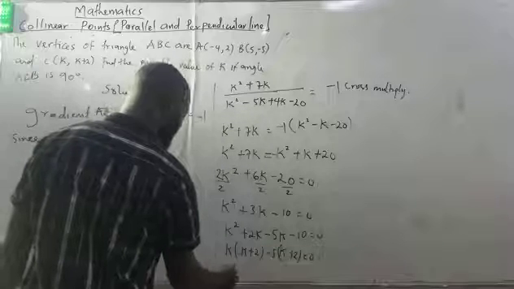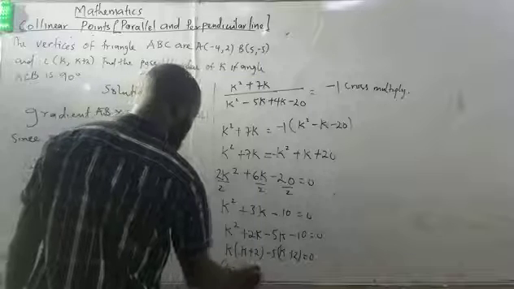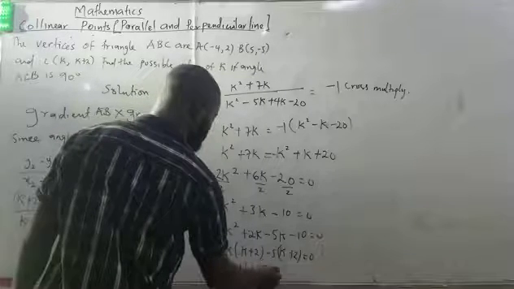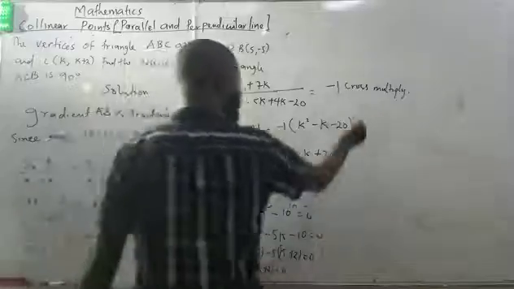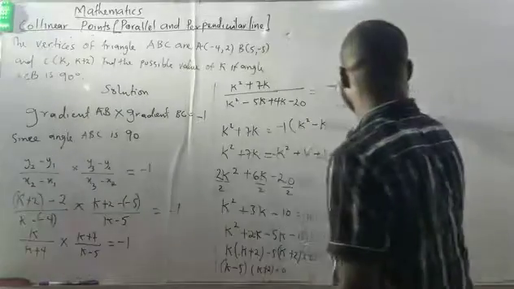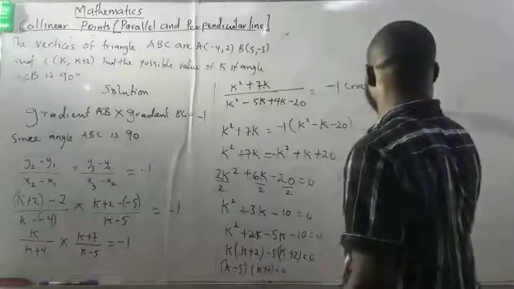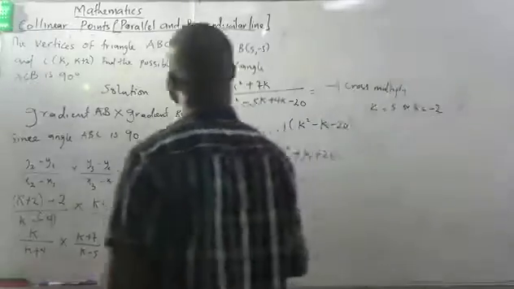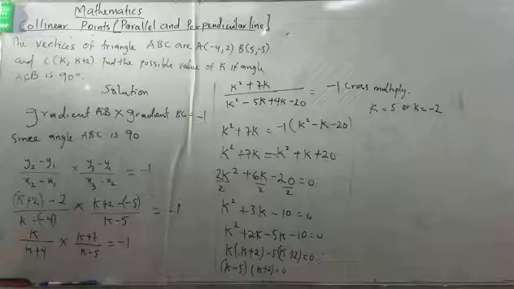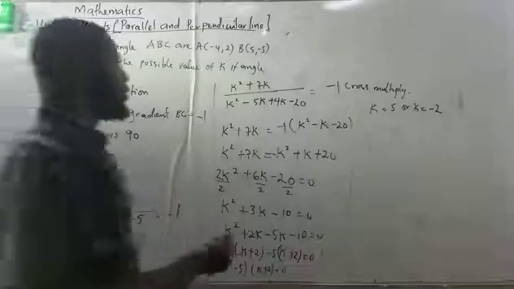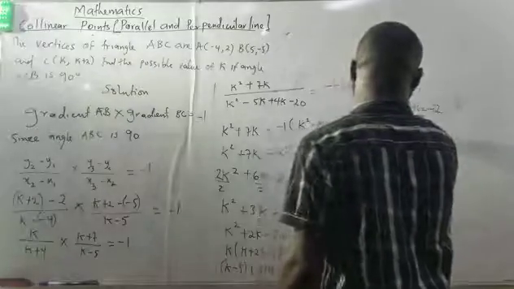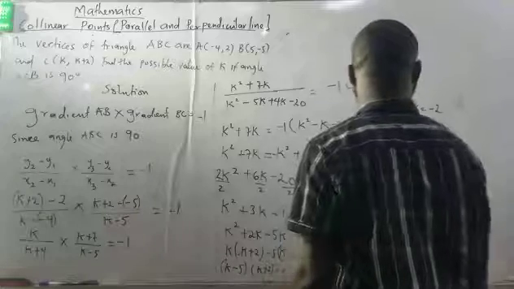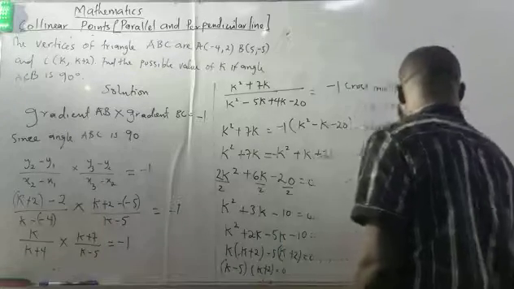I think k minus 5 and k plus 2 equals to 0. By implication, my k will be equals to 5 or k will be equals to minus 2. Now, when you are talking about the triangle, when k equals to 5, by implication, what will I have?